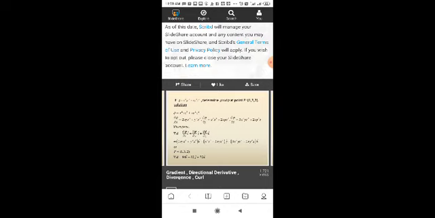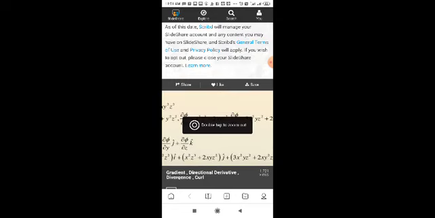Determine the gradient of phi at the point P(1, 3, 2). So the solution: del of phi is equal to i del phi over del x plus j del phi over del y plus k del phi over del z. So here we have to calculate del phi over del x, del phi over del y, and del phi over del z with the help of phi.